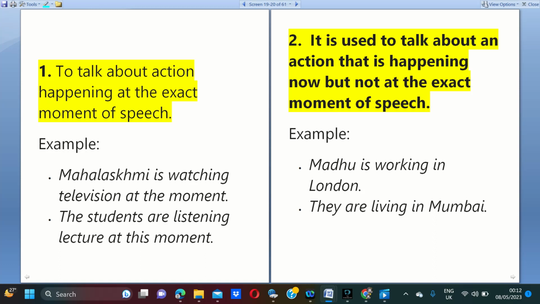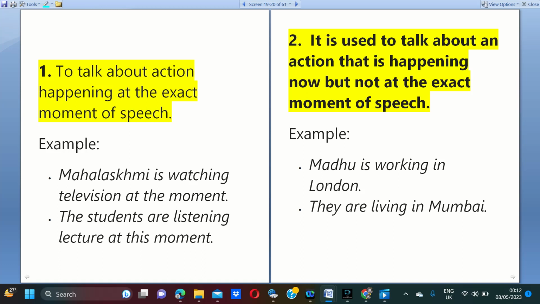What I say at the time, while I'm speaking, she is watching TV. So I say to you, at the exact moment of the speech, what is happening? That is what is being spoken by present continuous tense here.